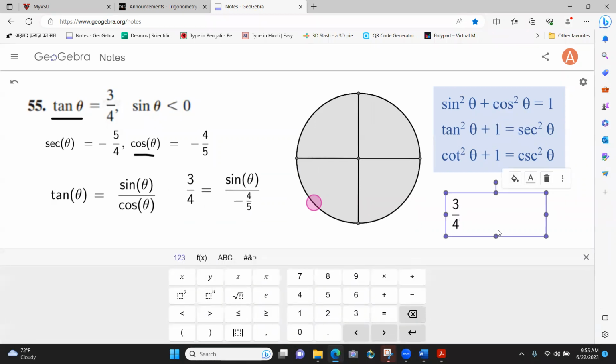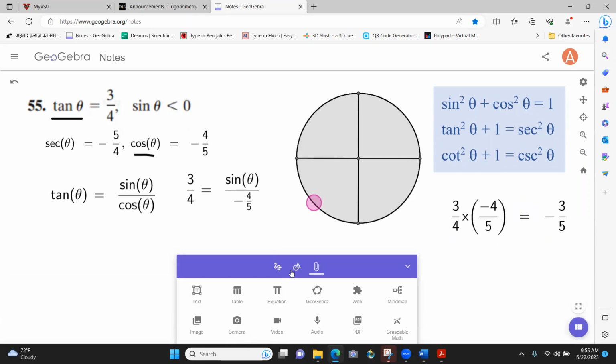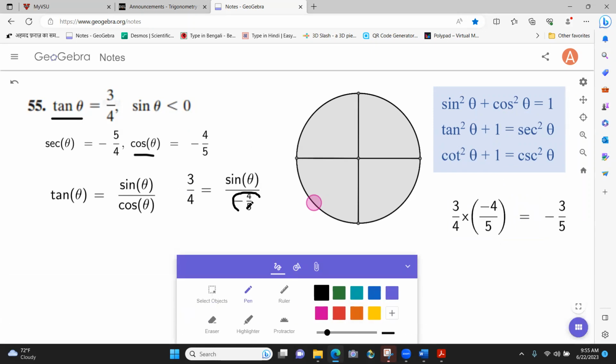3/4 times negative 4 over 5. And I'm going to put the negative sign here for convenience, okay? So the 4 and 4 will cancel. You'll get negative 3 over 5. That's what you're going to get. When you multiply this, it's really like multiplying both sides by -4 over 5.